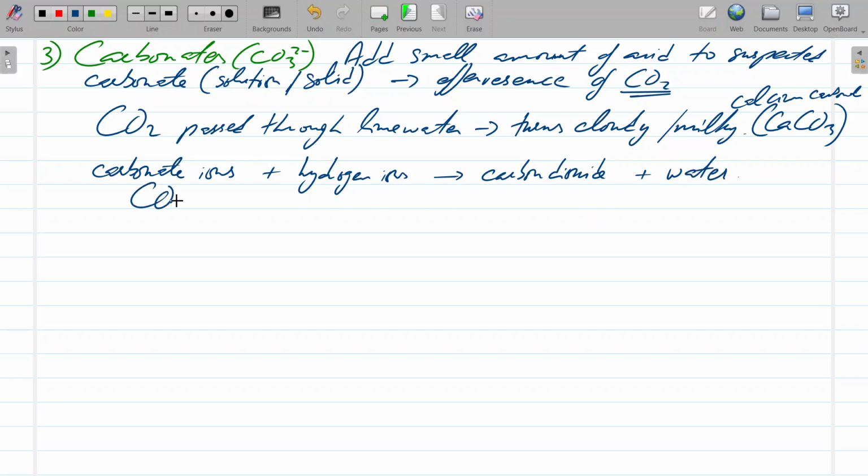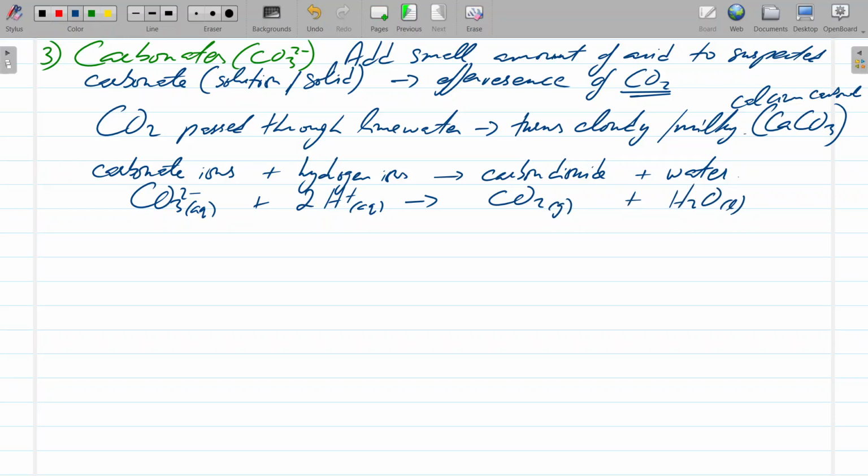So you've got the CO3 2 minus plus the 2H plus, giving you CO2. So this might be aqueous or solid, depends. Let's say it's aqueous. This is definitely aqueous. This is a gas, and water is a liquid.